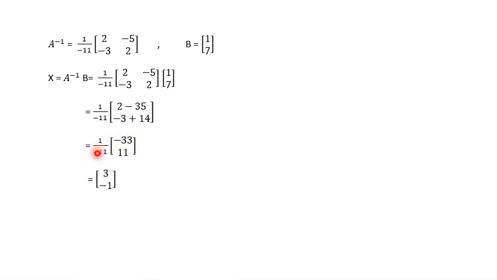Just dividing minus 33 by minus 11, we will get 3. 11 by minus 11, we will get minus 1. So, here x is 3, y is minus 1. That is, just equating these two matrices, x equal to 3 and y equal to minus 1.